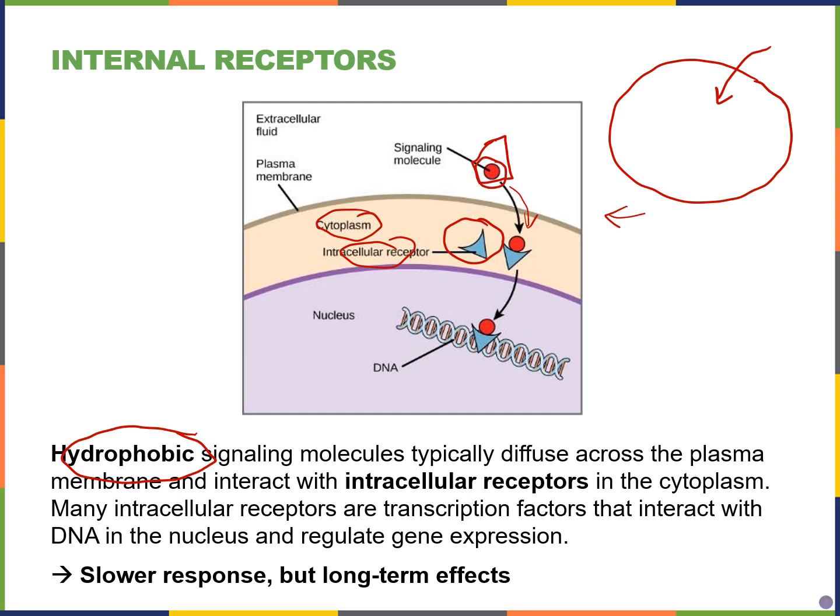Ultimately, these hormones pass through the nuclear envelope and bind to the DNA and change our gene expression. This usually means they will activate the transcription and translation of certain genes, which we haven't learned yet, which means we're going to read our DNA and ultimately make new proteins.